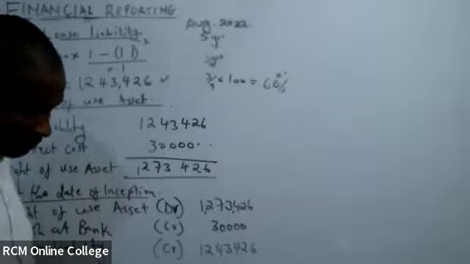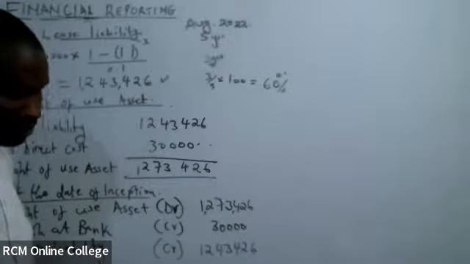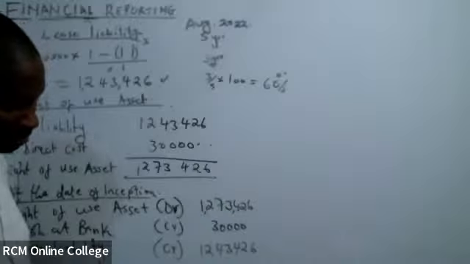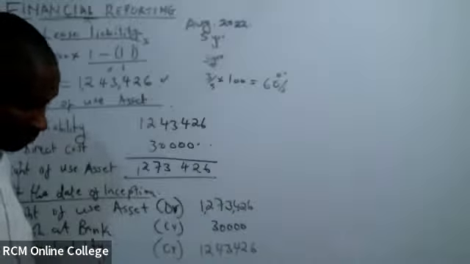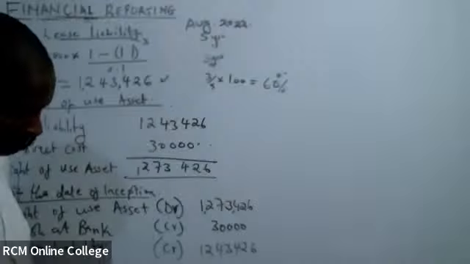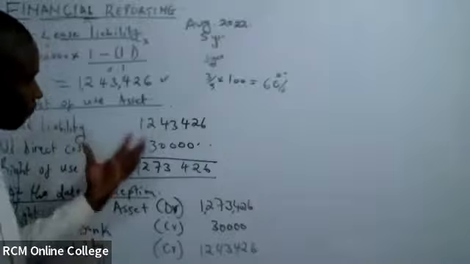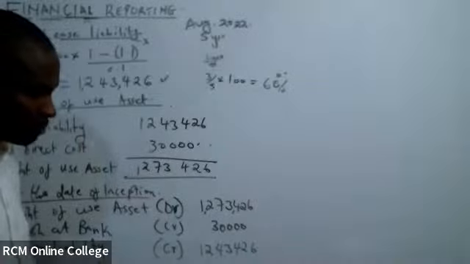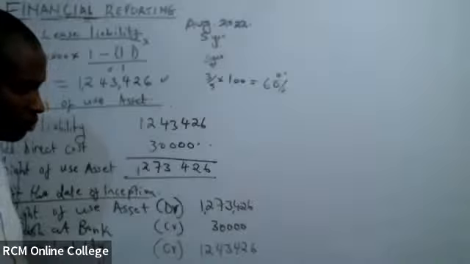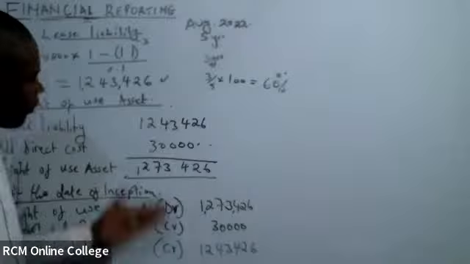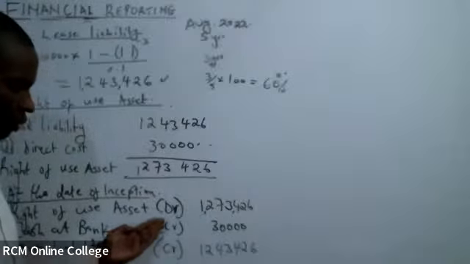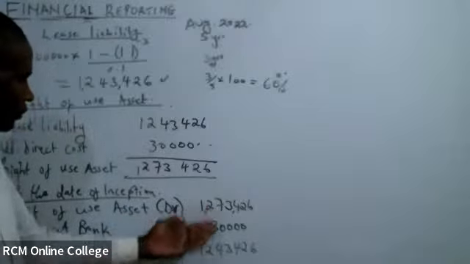Examiner wanted us to analyze. When you're told to analyze and you're given some more marks like these, you have to do several things. First of all, we can check and see what would be the depreciation of our right of use asset here.